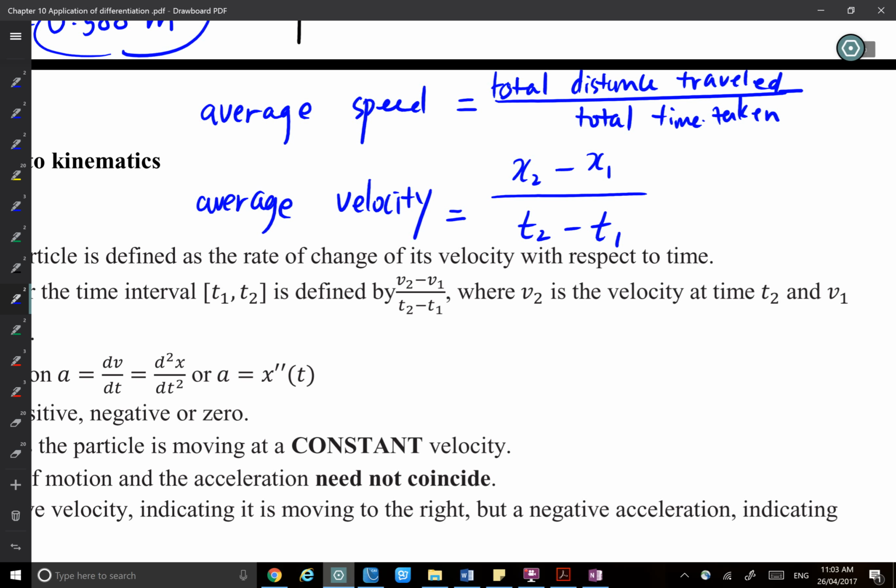So the total displacement for this particle just sees the initial position 0 and the final position 5, which is positive 5. Okay, the displacement is positive 5, to the right of the initial point for 5 units.